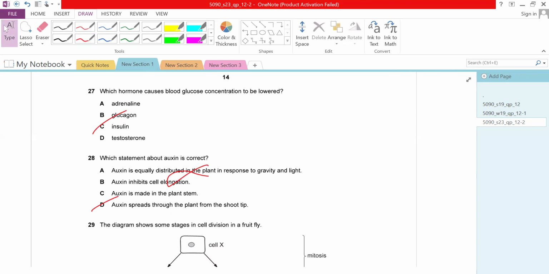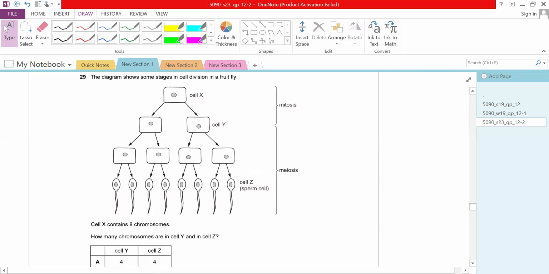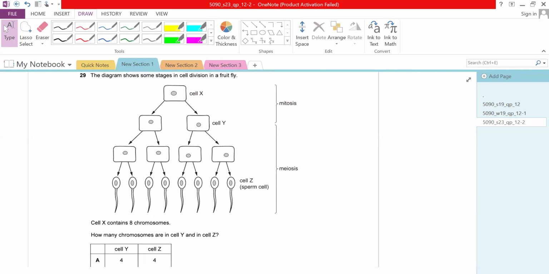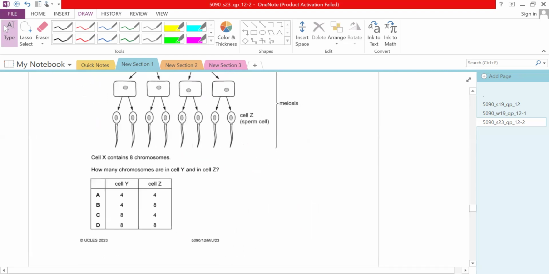Question 29. The diagram shows the stages in cell division in the fruit fly. First mitosis, then meiosis. Cell X contains 8 chromosomes. How many chromosomes are in cell Y and in cell Z?